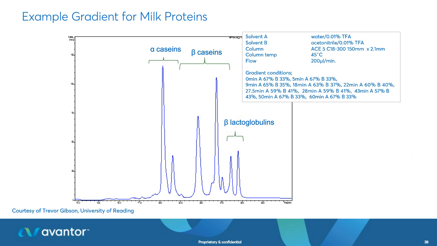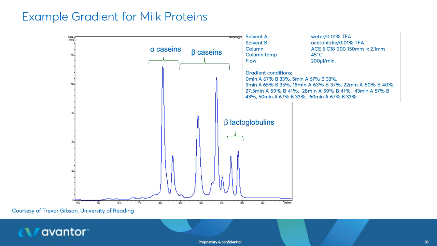When you're working with proteins, they tend to go down a 300 angstrom column, as I mentioned. You've got a very shallow gradient here. You can see just from 18 to 28 minutes, you're literally going 4% B increase. A very shallow gradient for our proteins.